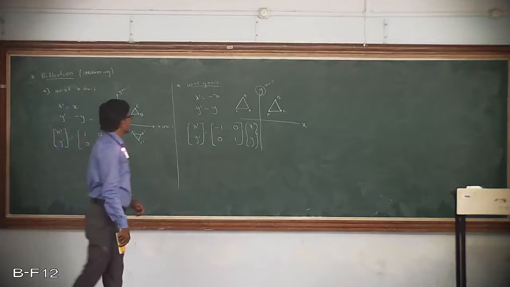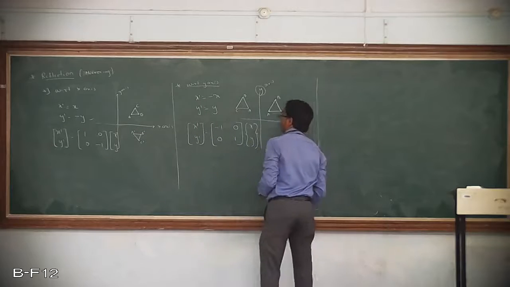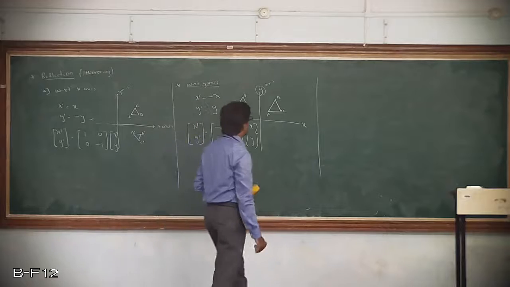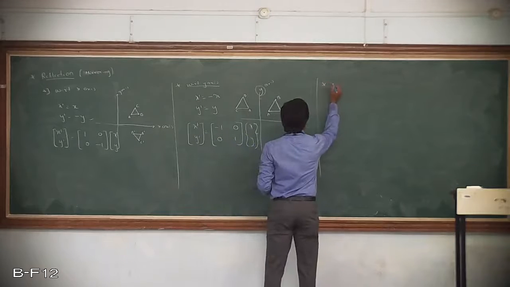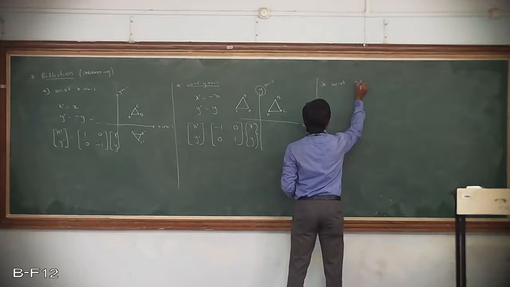So the next comes, I hope these two are clear, x-axis and y-axis. So next will be with respect to the origin. If I want to reflect it with respect to an origin.